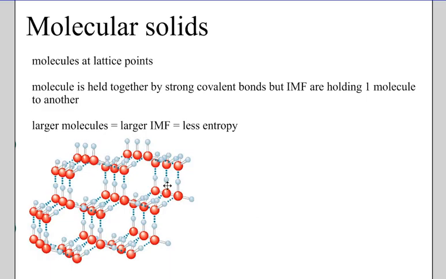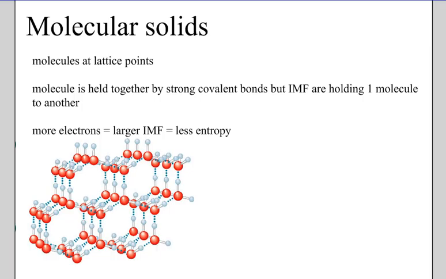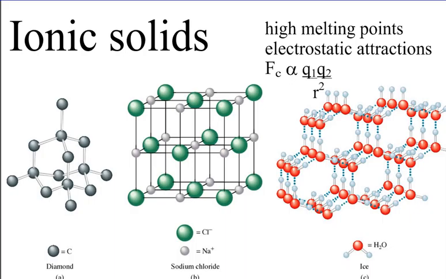So it's a bit of a typo here. It shouldn't say larger molecules. It should say the more electrons something has, the larger its intermolecular forces, the more chance it has of becoming polarized, so its polarizability increases, the less entropy it has, so the more likely it is to be a solid or a liquid rather than being a gas.